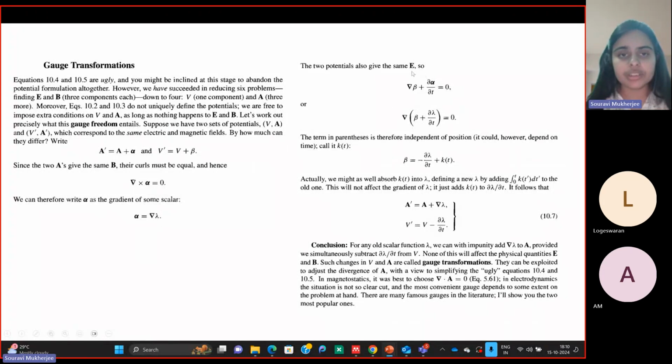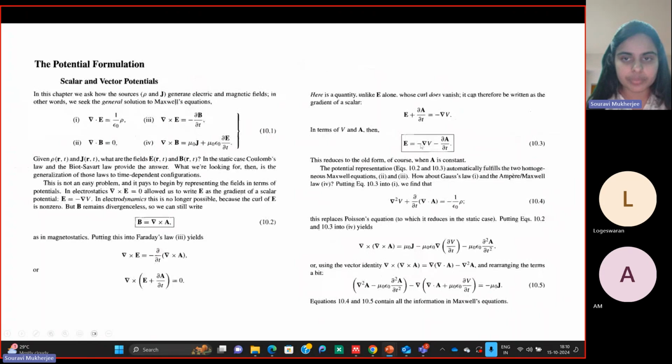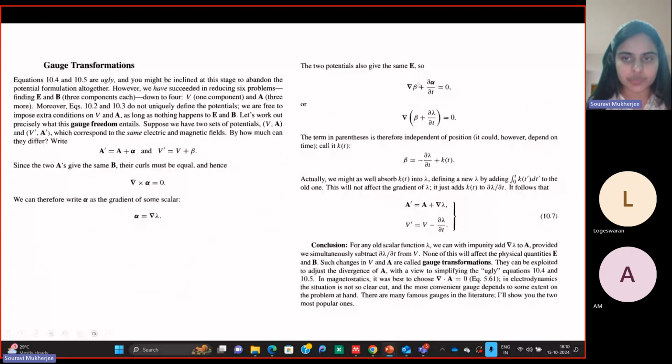Now, talking about the electric field, we also want to have the same electric field, right? And we saw that the electric field has this expression, right? So now you know that to maintain the same expression of the electric field, this term here should go to 0. So from here, you have now found another expression which gives us the relation that beta has to satisfy, right? So if alpha has this form and beta has this kind of form, A prime and V prime are related to A and V by this relation.